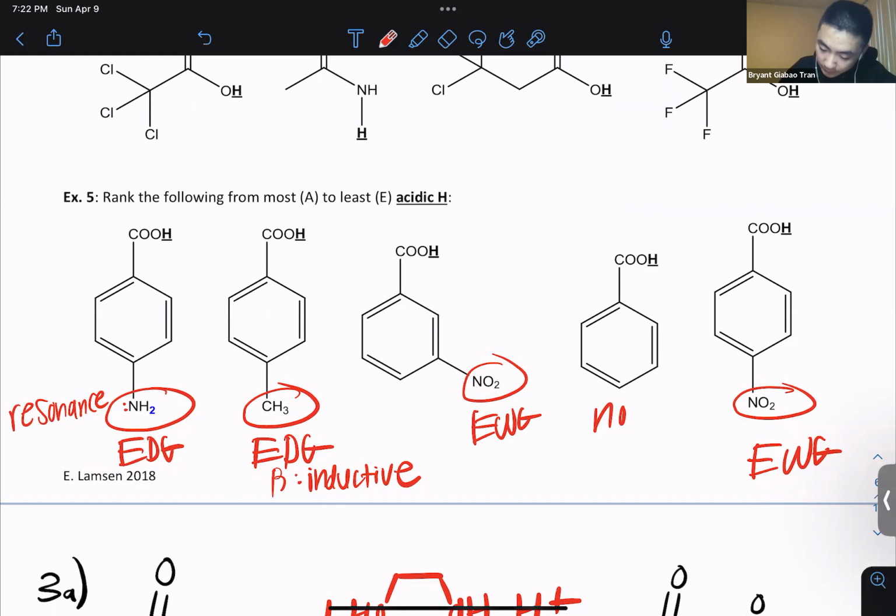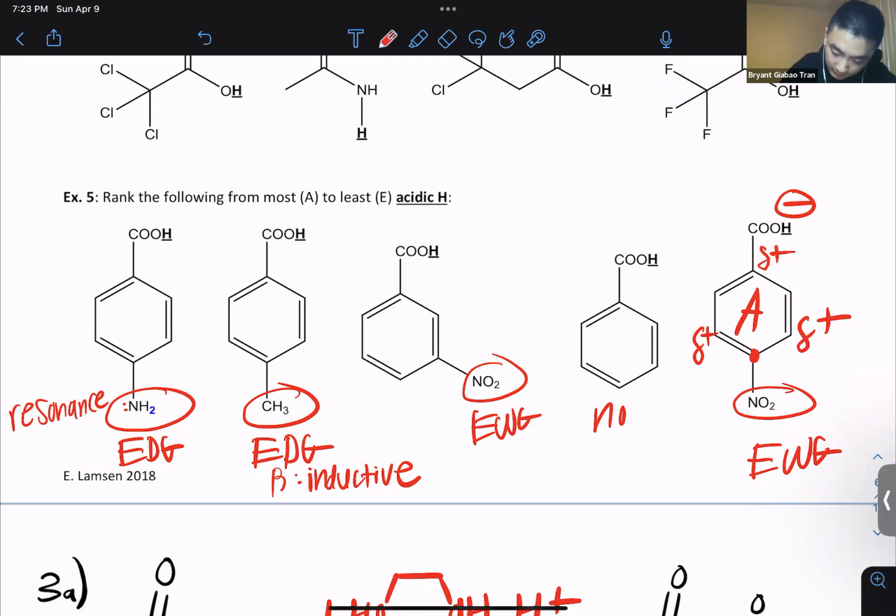We see here that this NO2 is para to the carboxylic acid, making it the most acidic compound because this NO2 gives a partial positive charge to the ortho and para position, which is close to this carboxylic acid. And if this carboxylic acid gets deprotonated, giving its oxygen a negative charge, this negative charge is able to be supported by this partial positive charge.